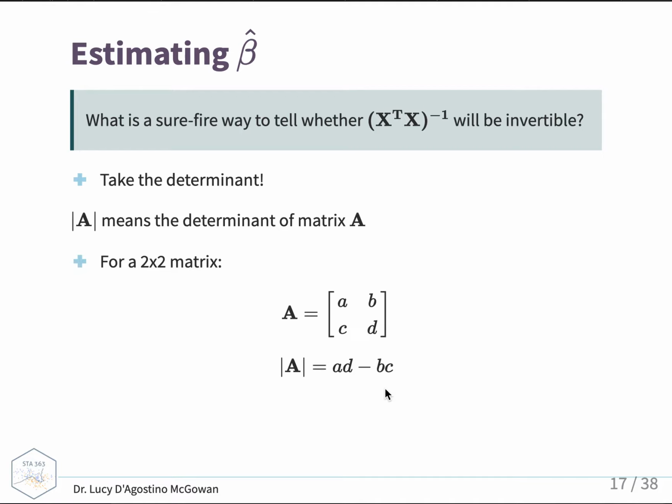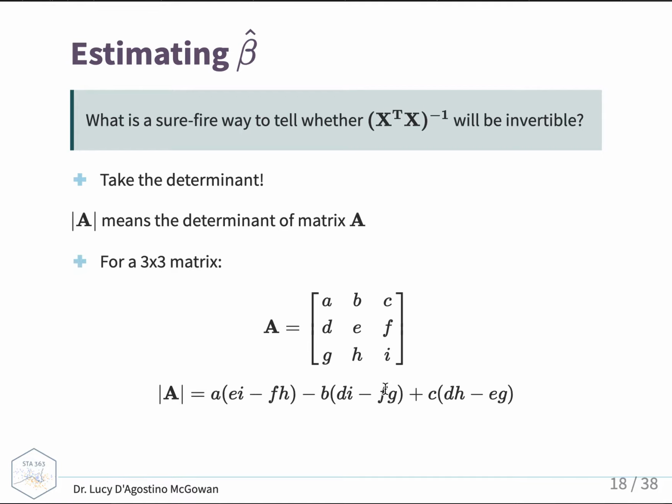That's the determinant. For a 3 by 3 matrix, it's going to be A times E times I minus F times H, minus B times D times I minus F times G, plus C times D times H minus E times G.